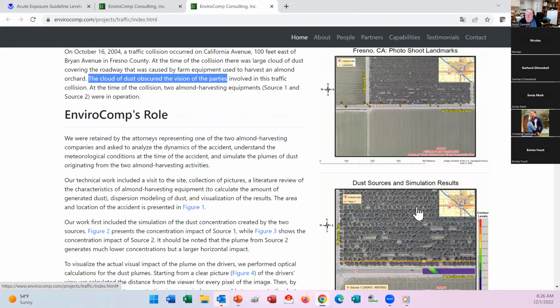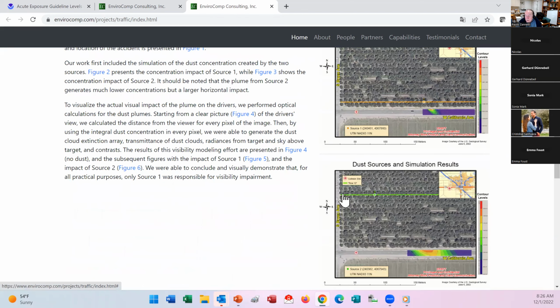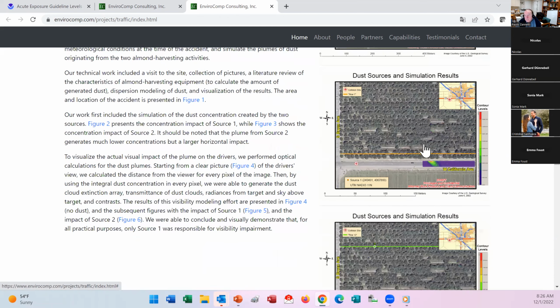And it was interesting because they had two machines, one going up and down here, very close to the road, and the other going up and down here, not close to the road. There were two different companies.